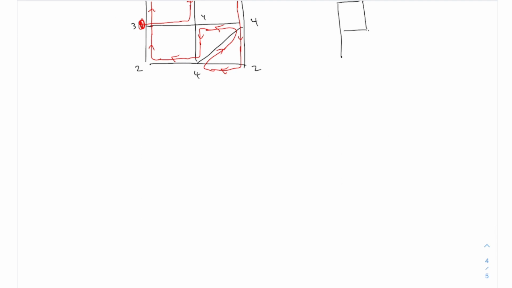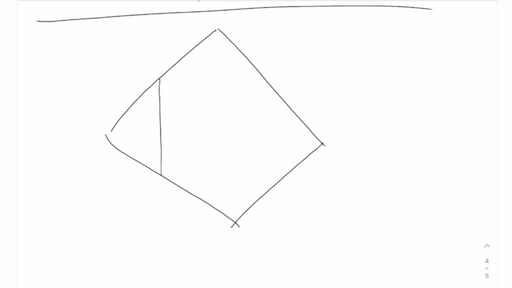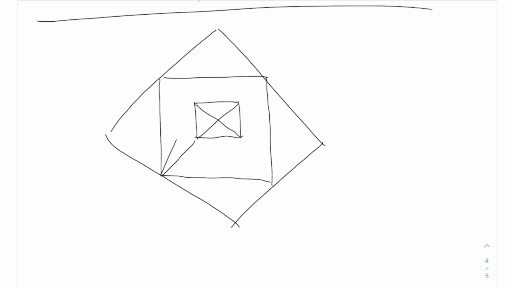All right, I got one more big one for you all to try. And then we can talk about something completely different. How about this one? I have a big square like that with another square inside it. And another square inside it. How about that? Try this one.